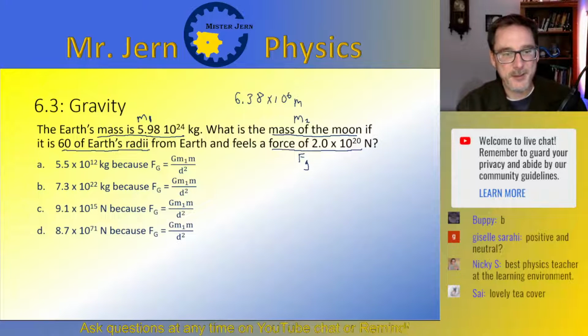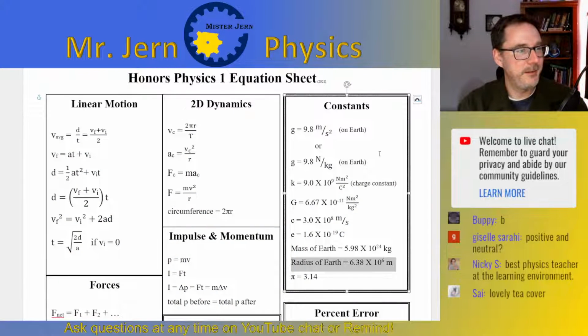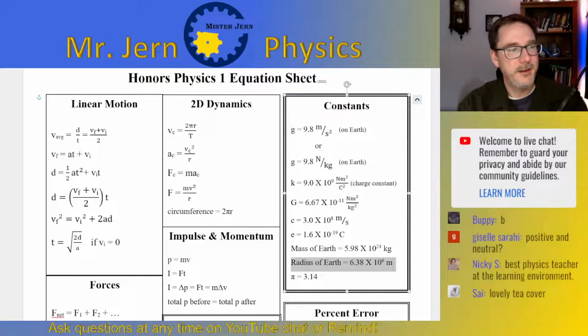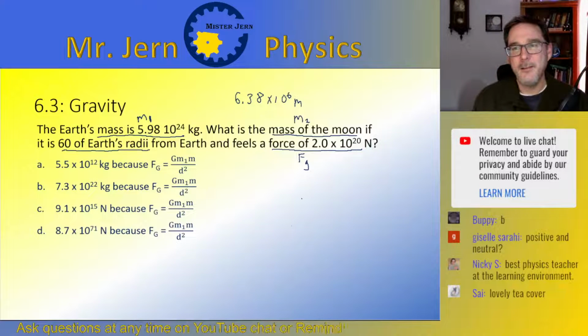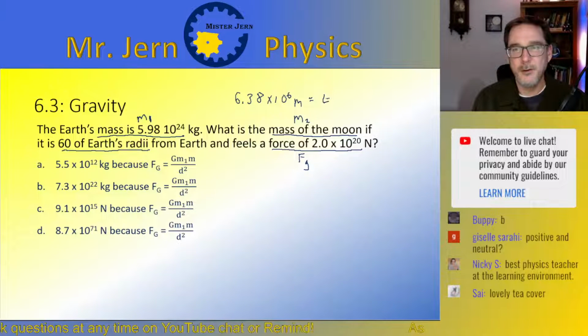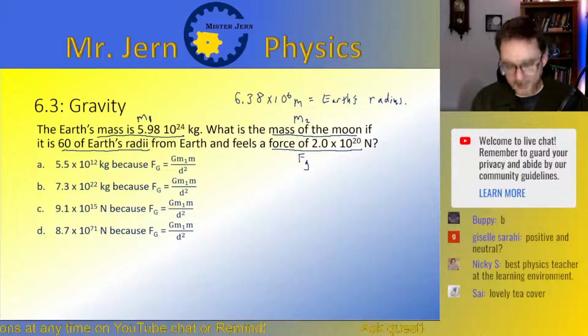I say that because I don't have it memorized, and I'm pretty sure I'm right. I'll put that up on the screen during the test, but it's also on your equation sheet. That is Earth's radius. It's on the equation sheet.